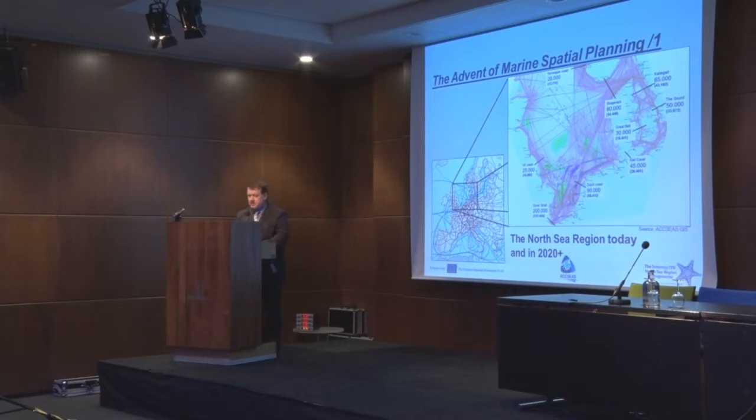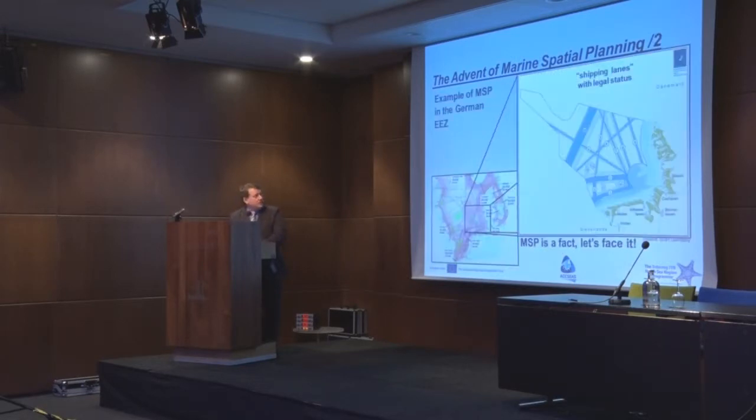So let's have a look at this picture, which is taking our region, and this you have seen. And it has been introduced earlier, I don't need to reiterate this, the impact of the marine spatial planning in terms of offshore windmills, as it will most likely look in 2020 plus.